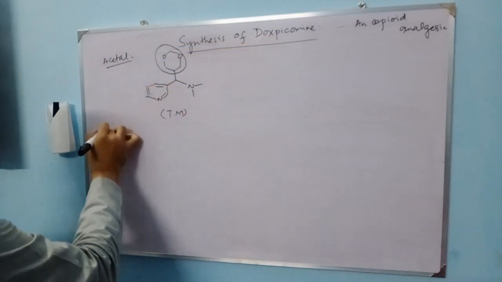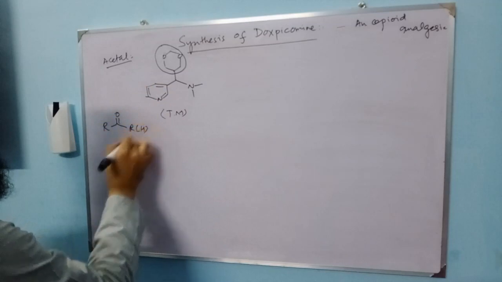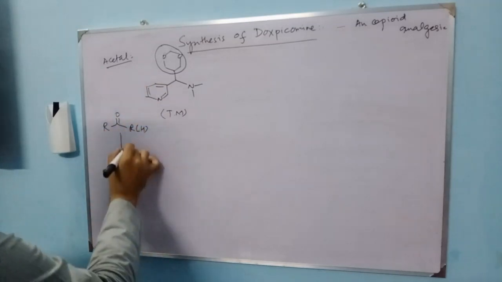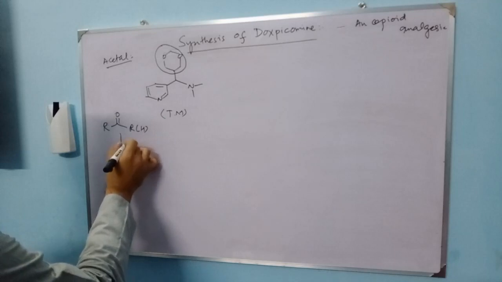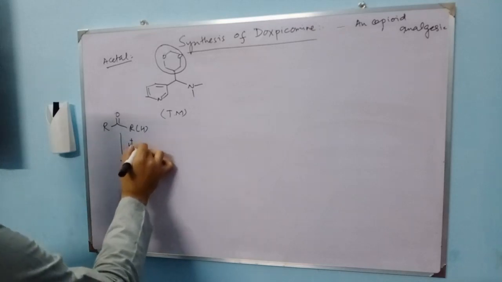This can be synthesized in the presence of a carbonyl compound, aldehyde or ketone. This takes place in the presence of acid, for example H+, and the corresponding alcohol.